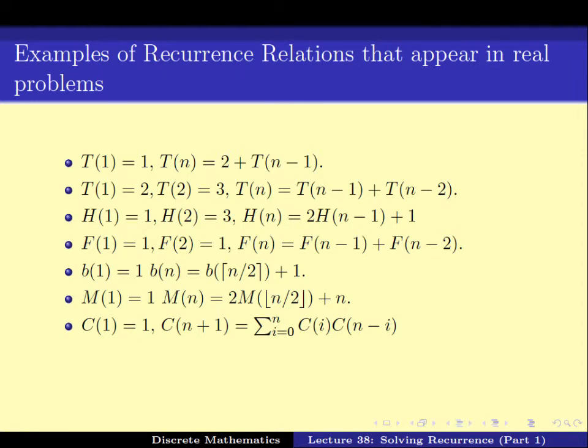And then we have a slightly more complicated one, c1 equals 1 and c of n plus 1 equals the summation of i equals 0 to n of ci times c of n minus i. Now, for all of them, we have to understand how one can solve them. So, what is the technique for solving any of these recurrences?